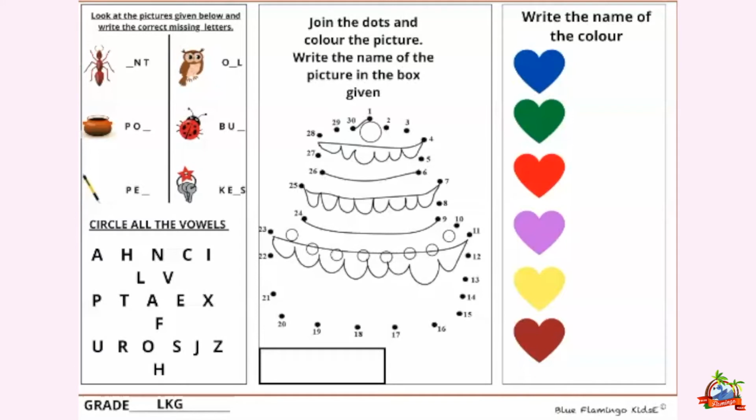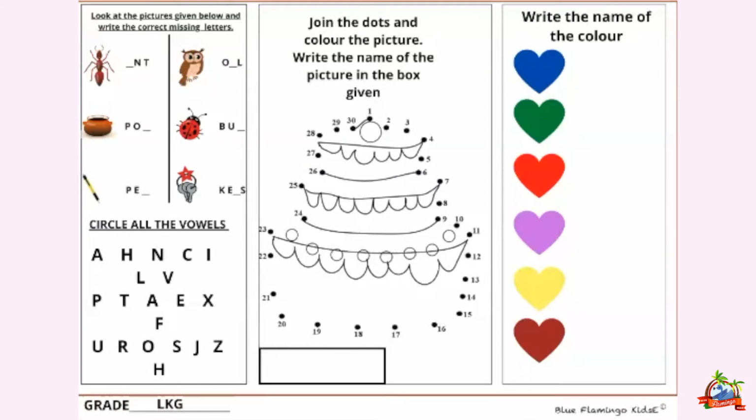B, C, D, F, G, H, J, K, L, M, N, P, Q, R, S, T, V, W, X, Y, Z. Okay, so these all are consonants.